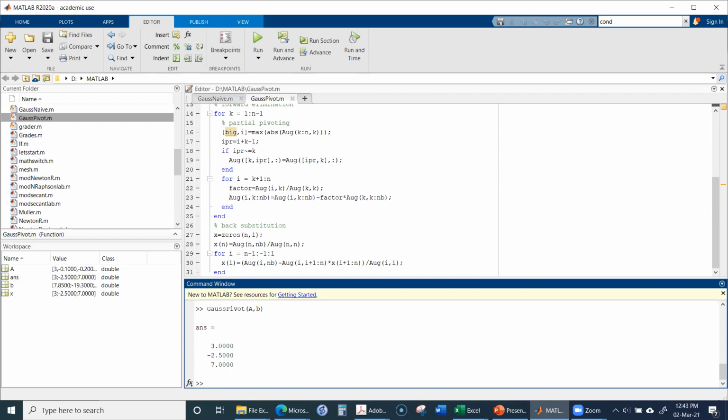Okay, and then there is another script, which is called the tridiagonal system.